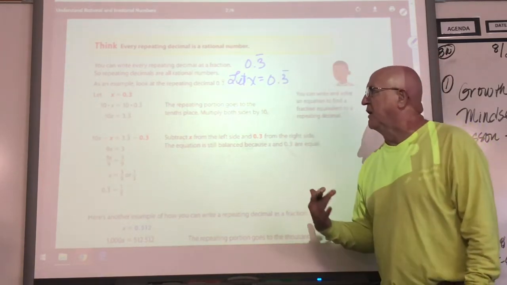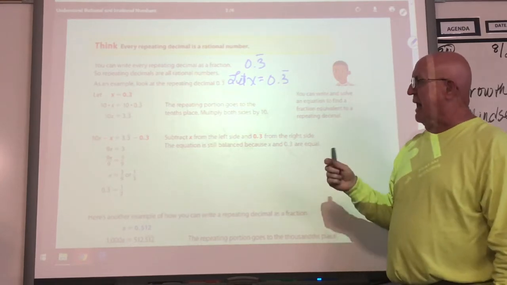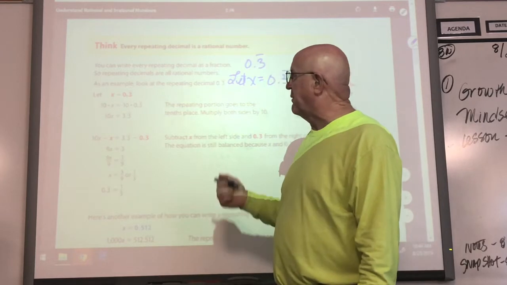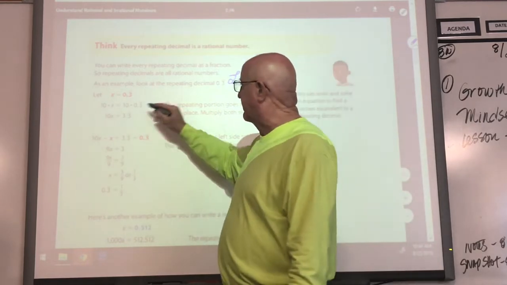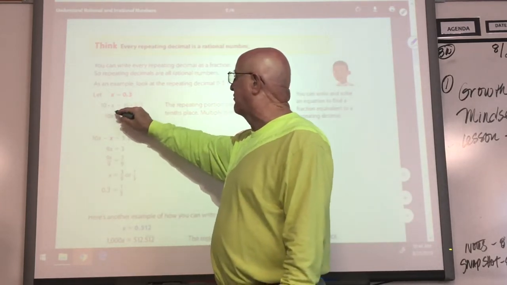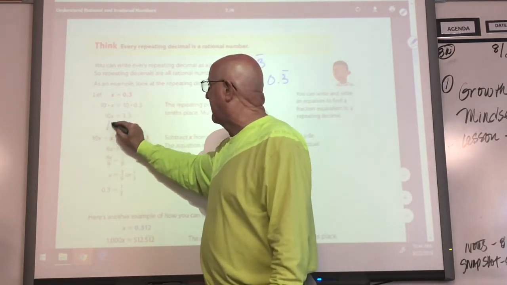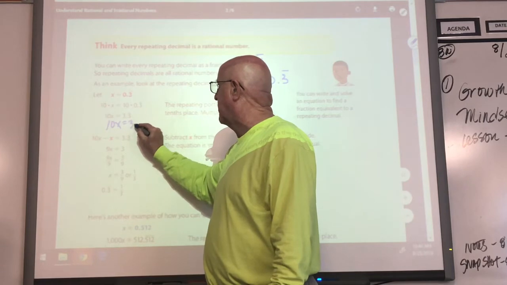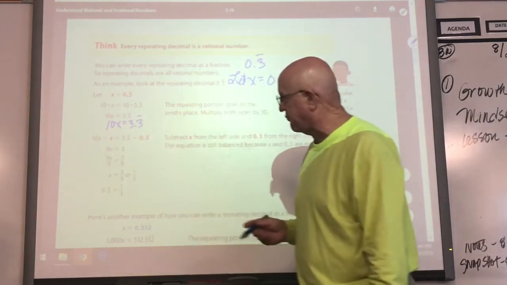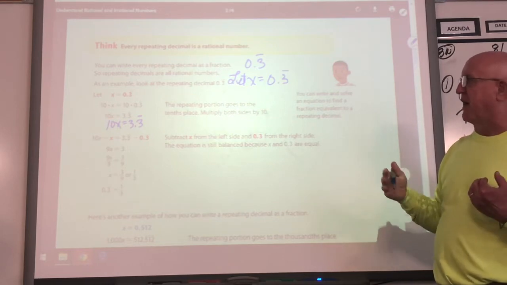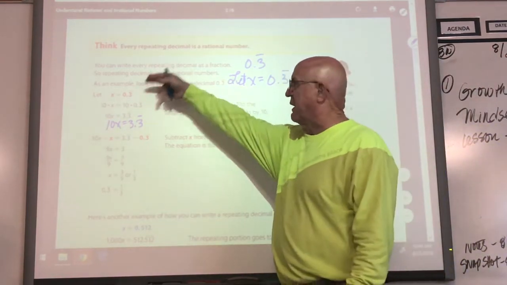And then the next step is to go ahead and multiply that by 10 because it's in a tens place, right? So we're going to multiply that by 10 and get 10x, right? 10x is equal to 10 times x, right? Which will give us 10x is equal to 3.3 repeating. And now we're going to remember that 0.3 is equal to x.